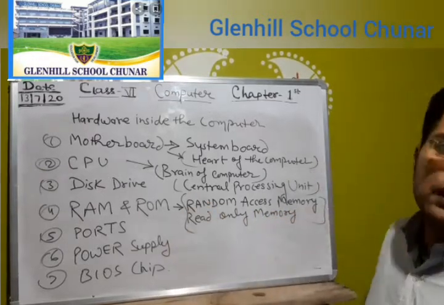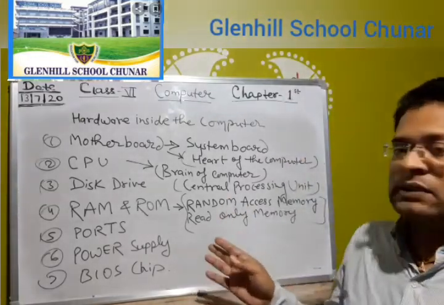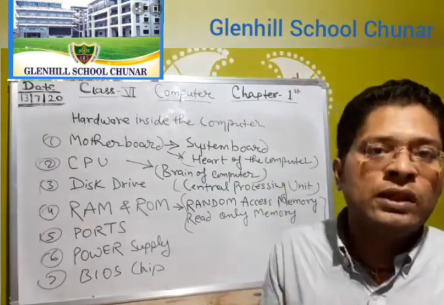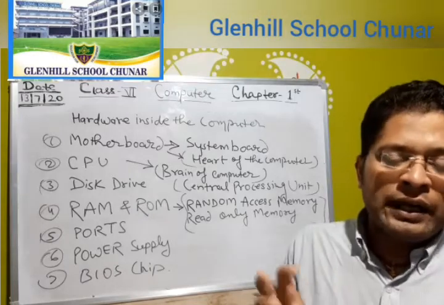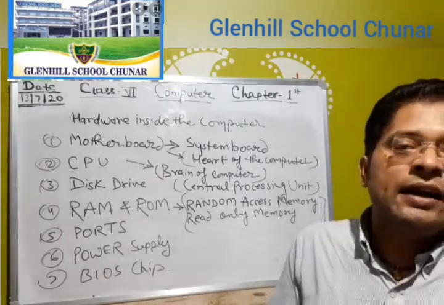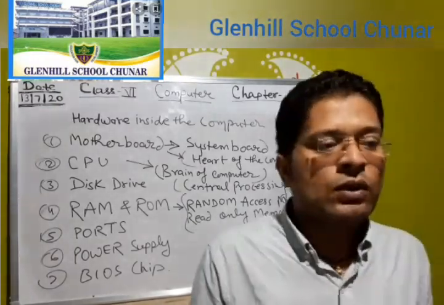RAM stands for random access memory, and it consists of memory chips that can be read from and written to by the processor and other devices. So that's the work of RAM.